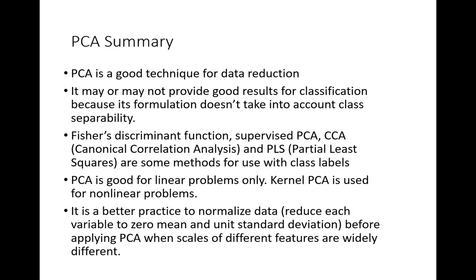Canonical correlation analysis, CCA, and the partial least squares method are also some of the methods that take class labels into account. Out of these, we will be looking at Fisher's discriminant function method later on. The other ones we will not discuss. They are a little more advanced and we cannot cover everything.